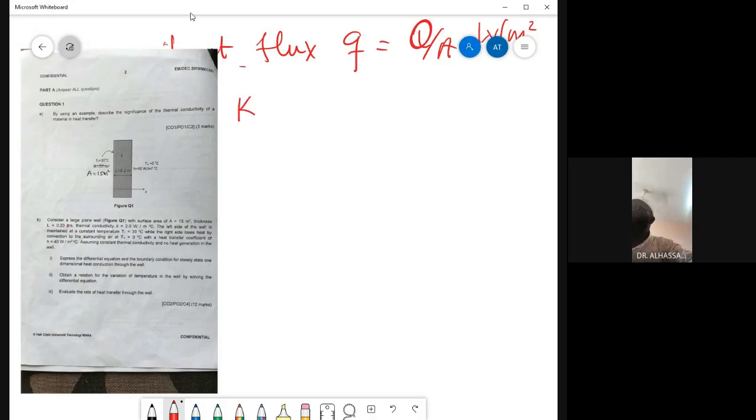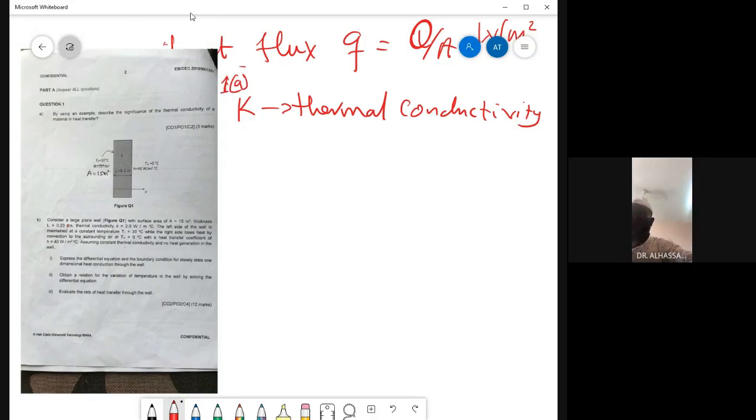So thermal conductivity, this is question 1A.